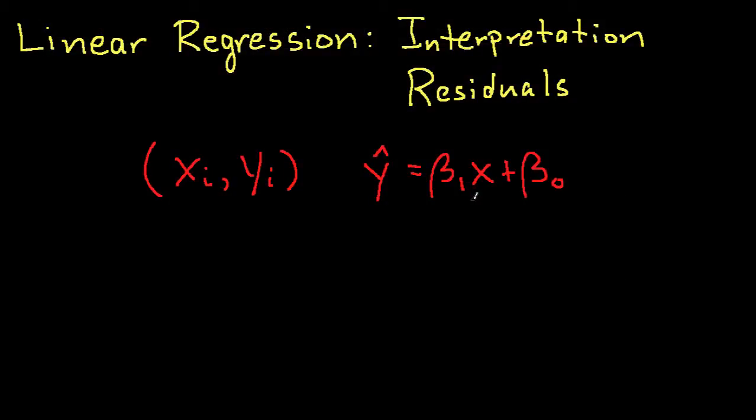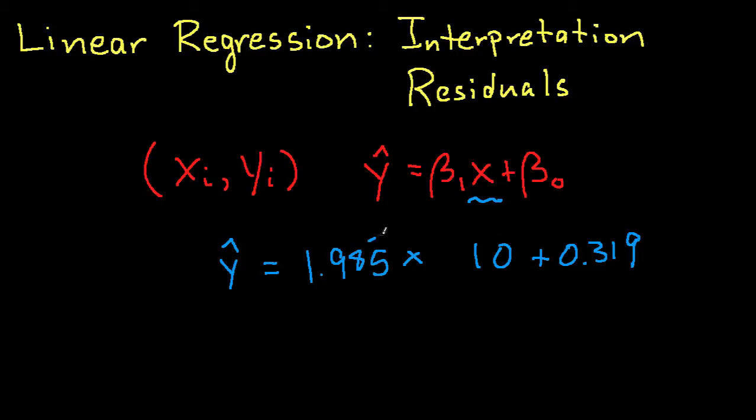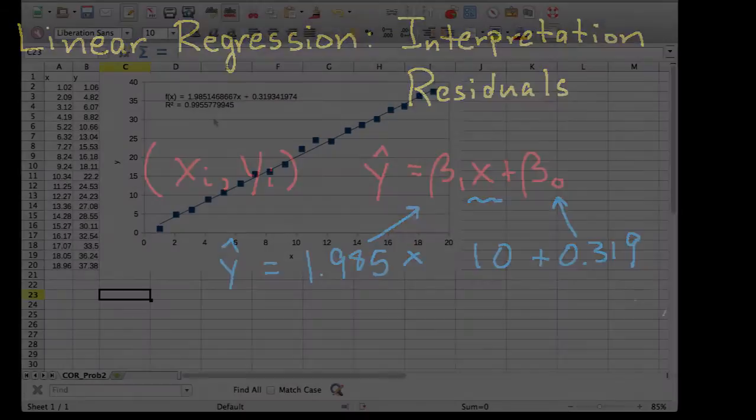So if I want to use this linear regression model to predict a y value that I would get for a certain x value, for example, suppose x were 10, I could find the predicted y value as y hat equals beta 1 x plus beta 0, where again this is beta 1 and this is beta 0. So that's how I can use a linear regression model to predict y values from given x values.